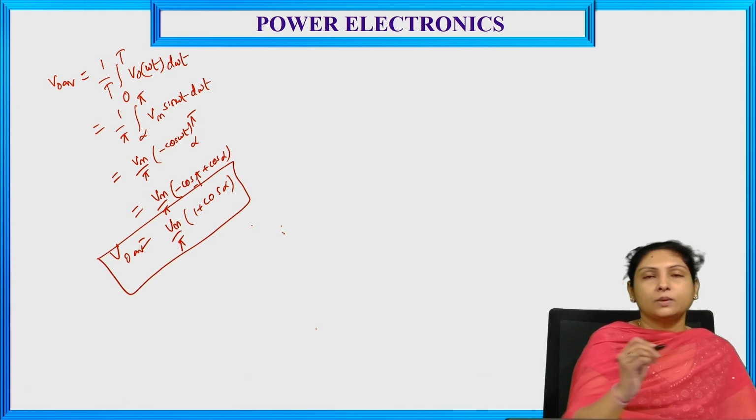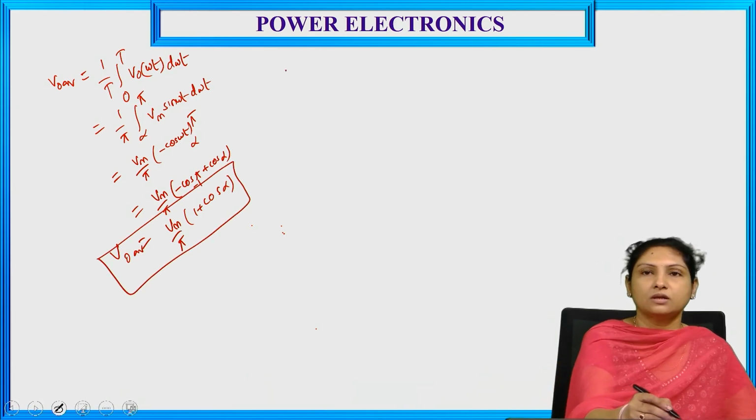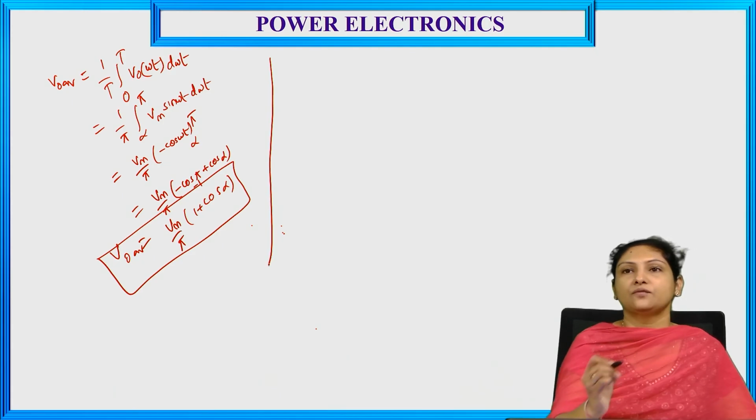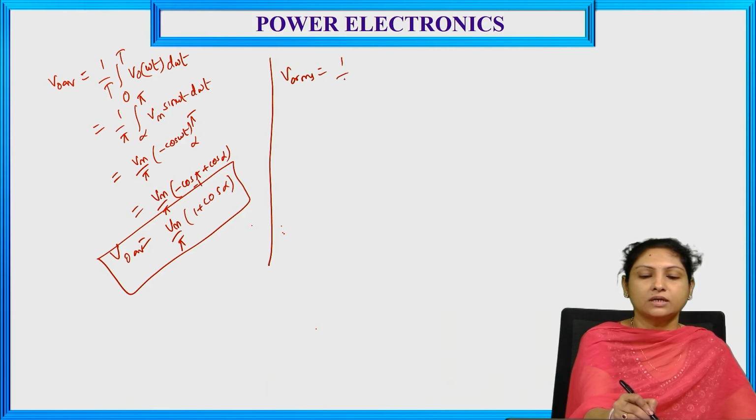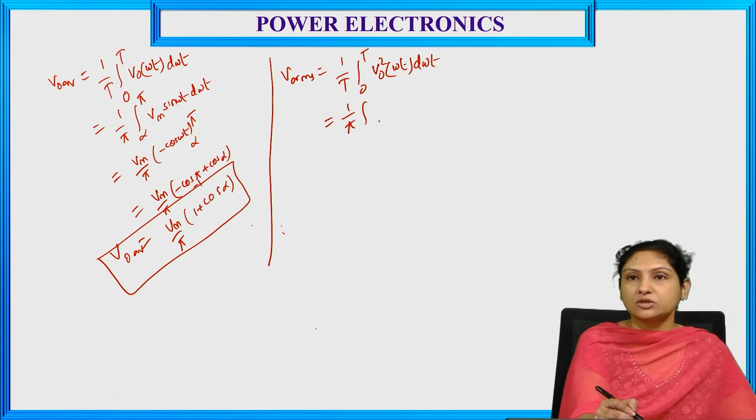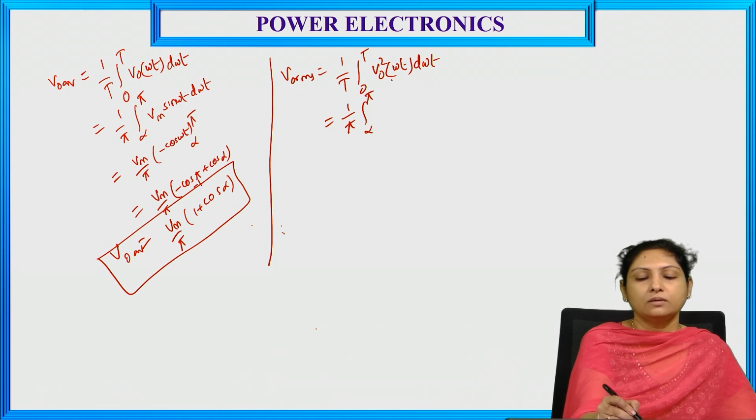And this is V0 average for full wave midpoint converter. Similarly, we will derive the expression for V0 RMS. The general formula we have is V0 RMS equals 1 by T, integral 0 to T of V0 square of omega t d omega t, where the time period is pi and it is actually conducting from alpha to pi, where V0 is equal to Vm sine omega t.